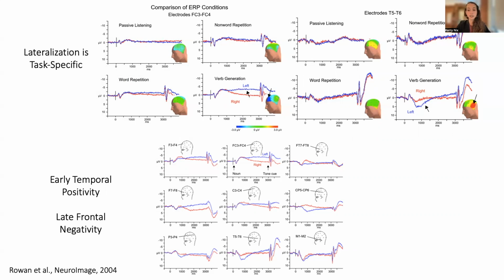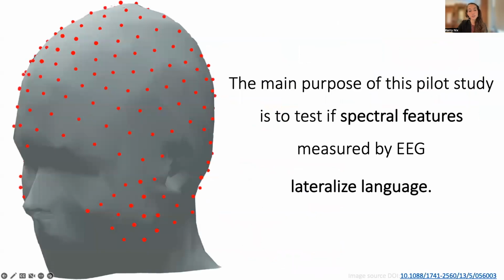Surprisingly, limited literature explores the feasibility of using EEG time frequency analysis to lateralize language. So the main purpose of our pilot study is to test if spectral features measured by EEG lateralize language. To do this, we recorded EEG on healthy right-handed English-speaking adults as they participated in covert verb generation and two control tasks, word listening and repetition, and calculated the event-related spectral perturbation, ERSP, a measure that highlights task-related changes in power from baseline.